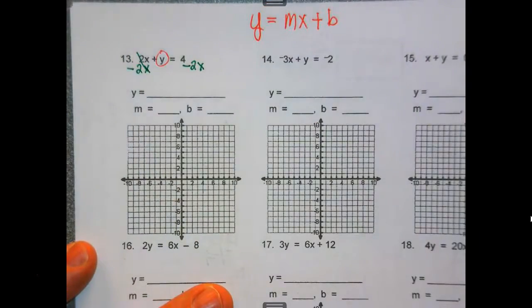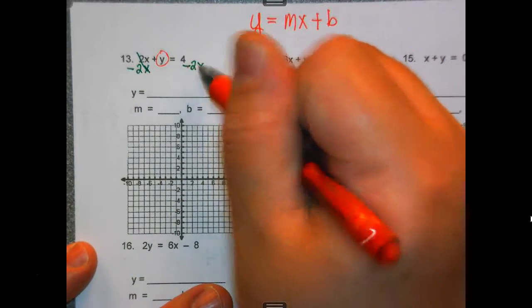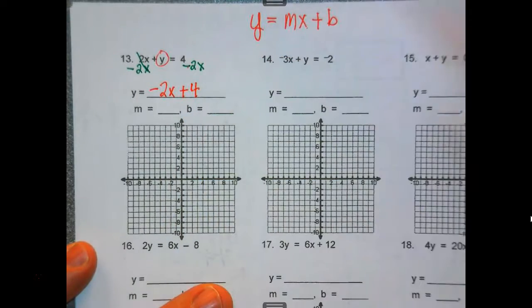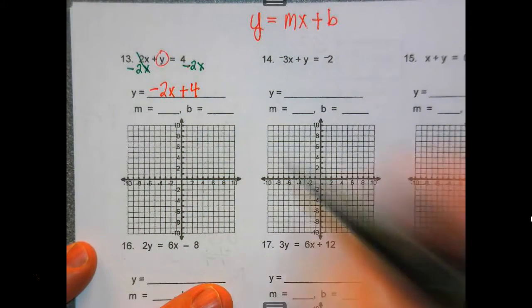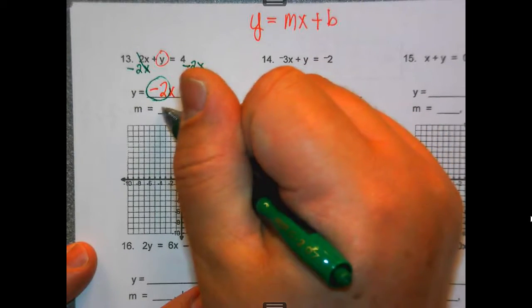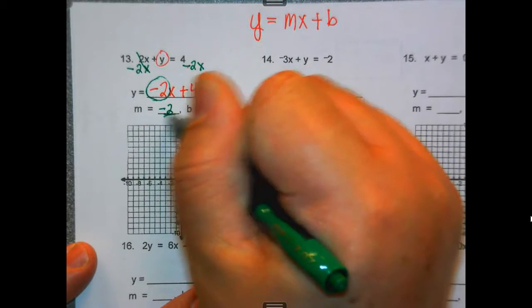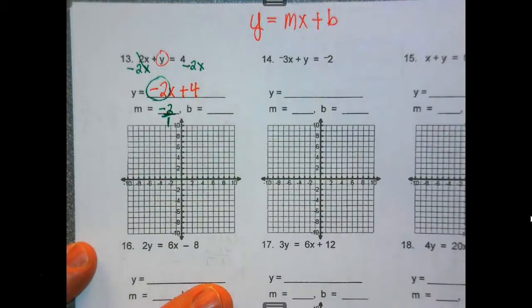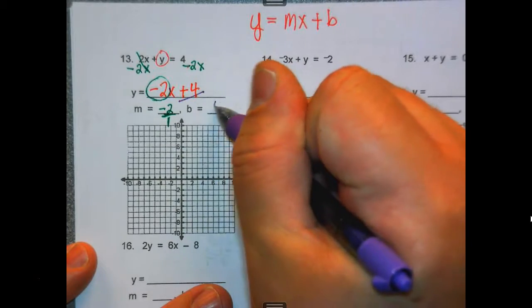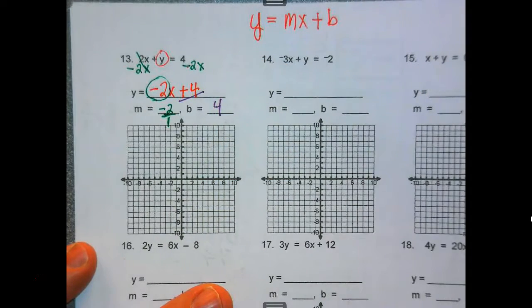And I get y equals negative 2x plus 4. My slope is negative 2 over 1. And my y-intercept is positive 4. Graph it.